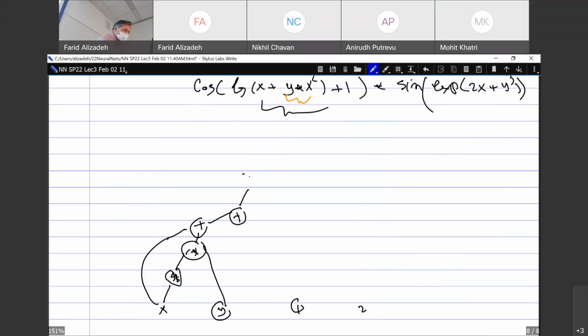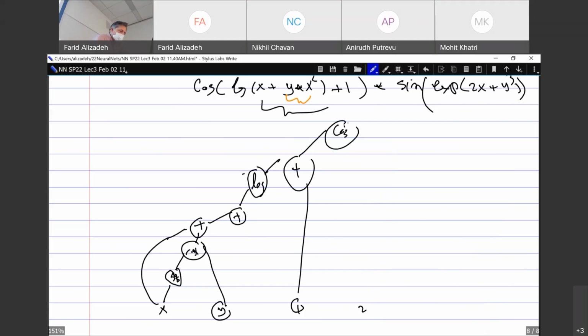Then I apply log. Log is always natural log unless it is stated otherwise. So that takes care of that. Then I add a plus. Then I add a cosine. Then that's this whole thing.